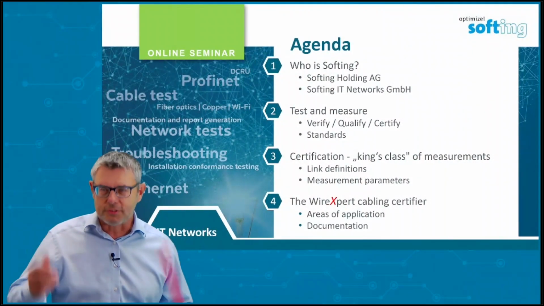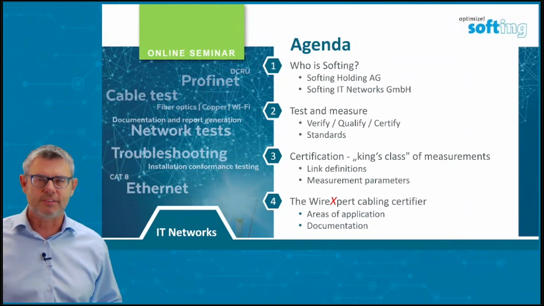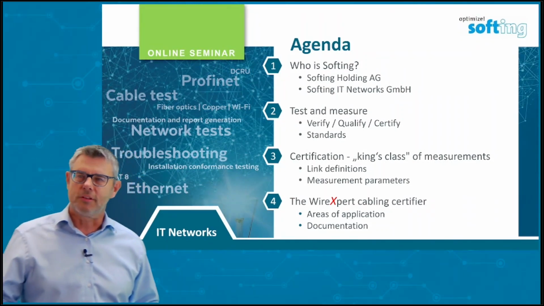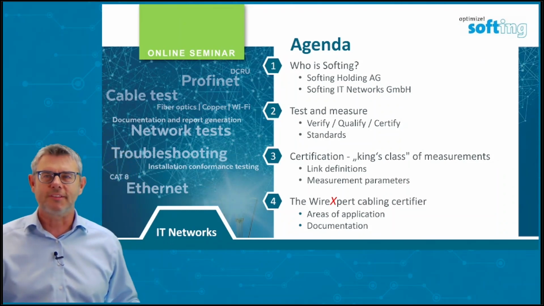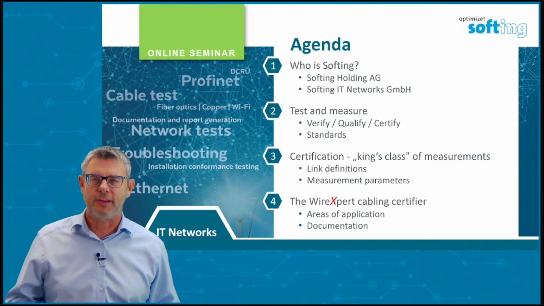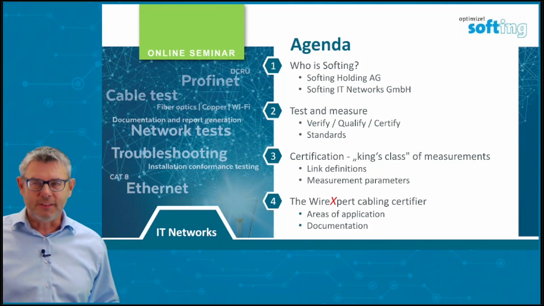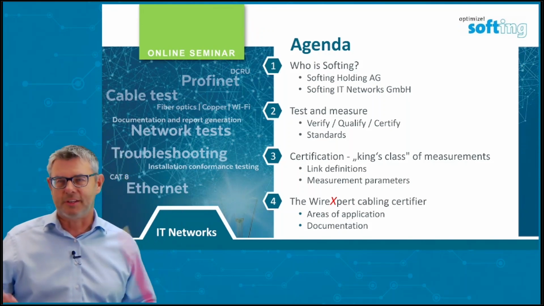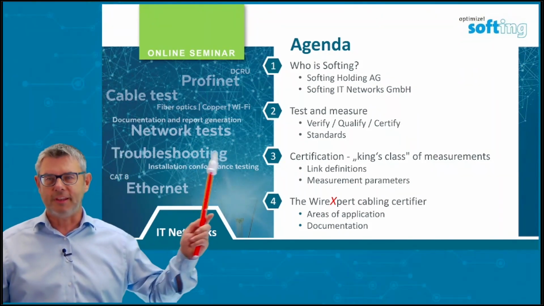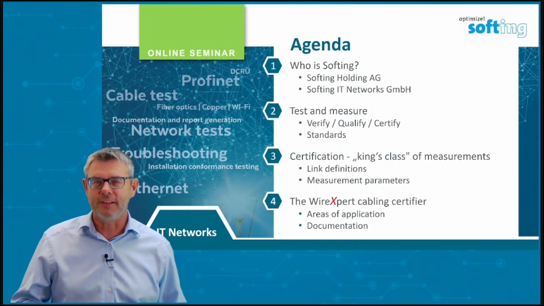First of all, for the people who are new to this series of webinars, a little introduction to Softing, who is Softing. Then we make a 5 minute repeat of last week: what is testing, what is measuring, verifying, qualifying, certifying, talking a little bit deeper into standards, because standards are very important today. Then for about half an hour, 40 minutes, we will dig very deep into the topic of certification of a network link.